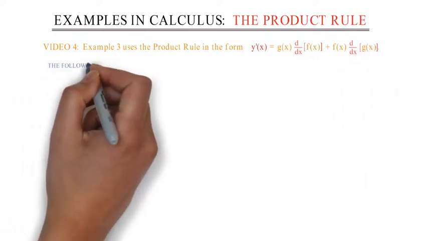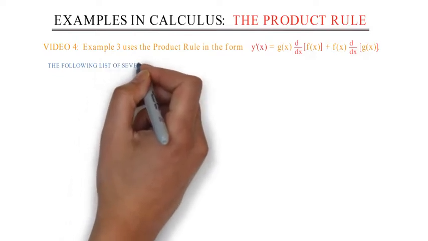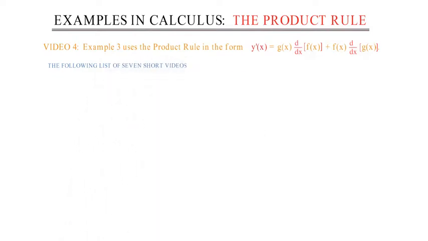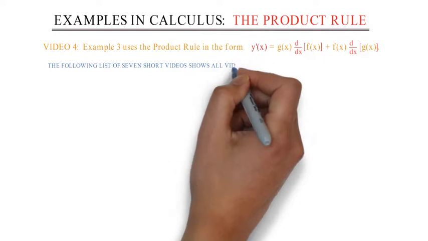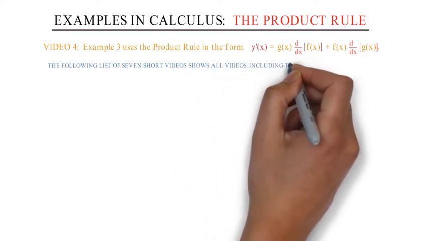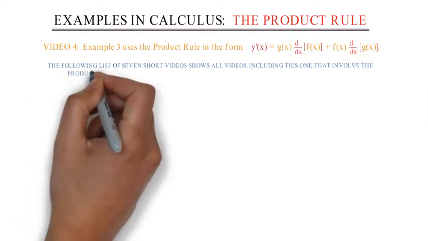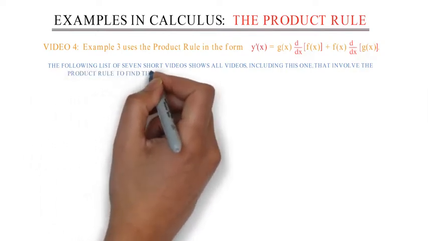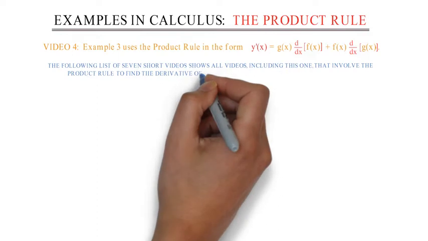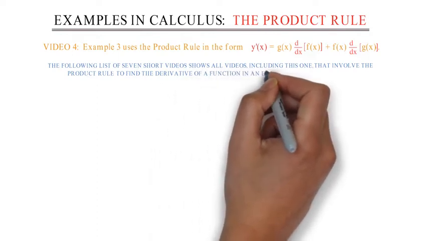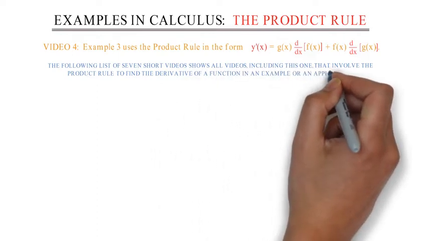The following list of 7 short videos shows all videos, including this one, that involve the product rule to find the derivative of a function in an example or an application.